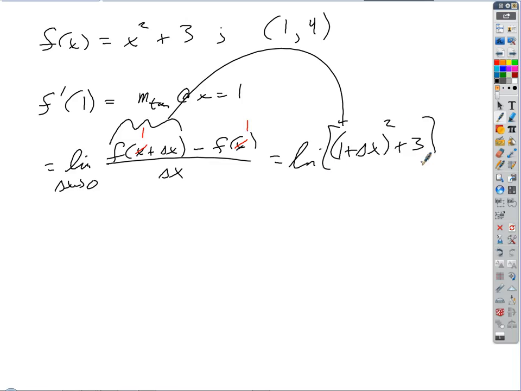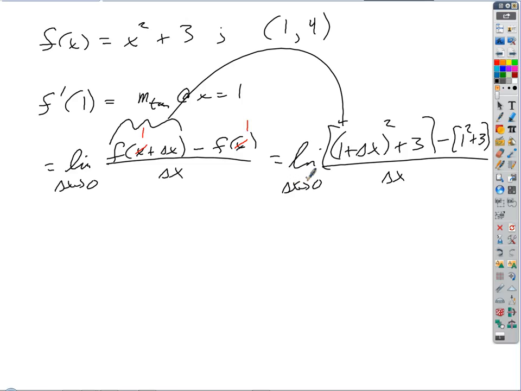It's the quantity 1 plus delta x squared plus 3, right? Everybody agree that's f of 1 plus delta x? Right? Minus f of 1, which is just 1 squared plus 3, divided by delta x as delta x goes to 0, right?